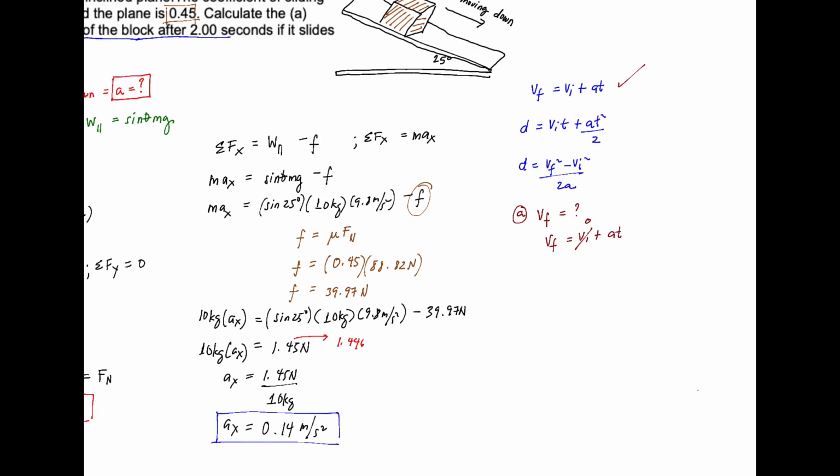Since it starts from rest, vi is 0, and then vf would be the acceleration multiplied by time, which is 0.14 meters per second squared multiplied by 2 seconds. Then vf here would be 0.28 meters per second.